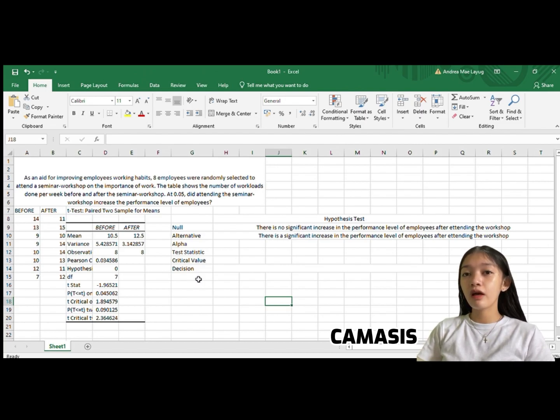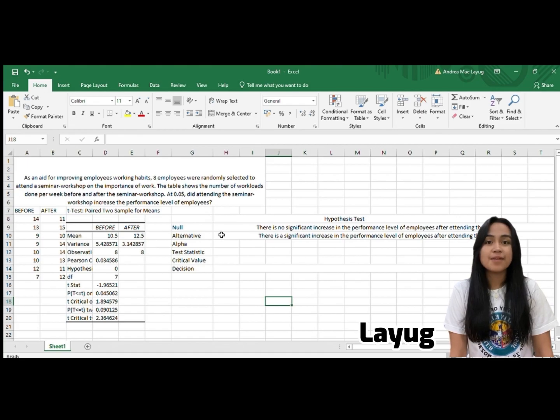Now for the null hypothesis, we can simply say that there is no significant difference in performance level after attending the workshop. Or you can say that there is no significant increase in the performance level of employees after attending the workshop. That's the easiest way to state the hypotheses for your step-by-step procedure.